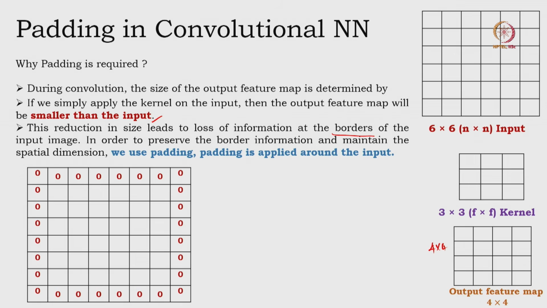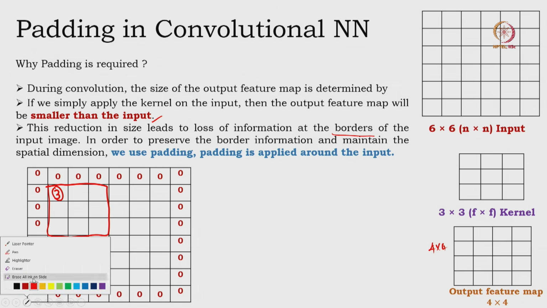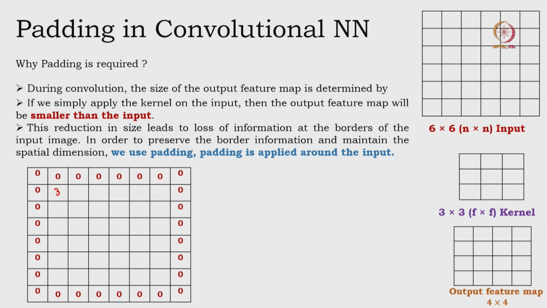Now, let us take the same example, 3, from earlier. Before, when you strided, 3 was looked at only one time. But now, if 3 is written here, considering 3 cross 3, 3 is looked at once.